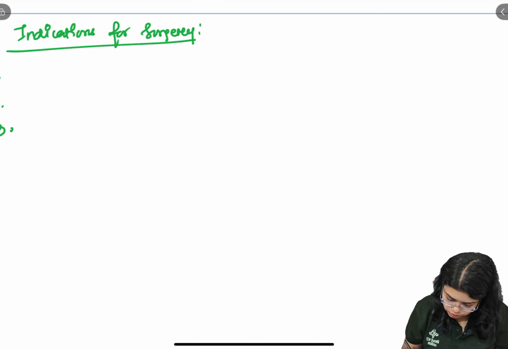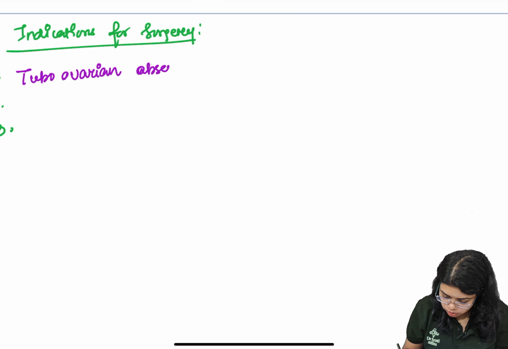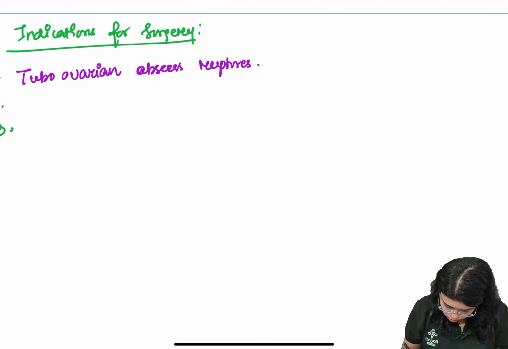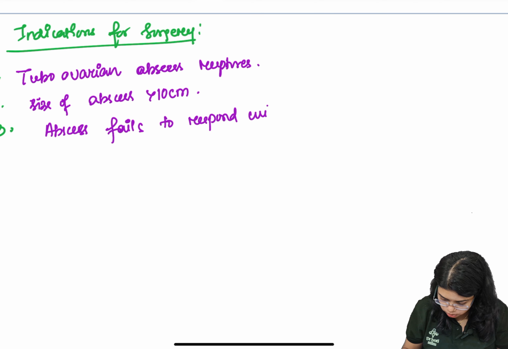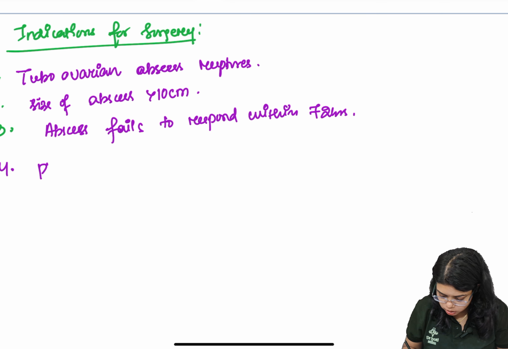What are the indications for surgery? If the tubo-ovarian abscess ruptures, or if the size of the abscess is more than 10 centimeter, or if the abscess fails to respond within 72 hours, and also if the patient is hemodynamically unstable.